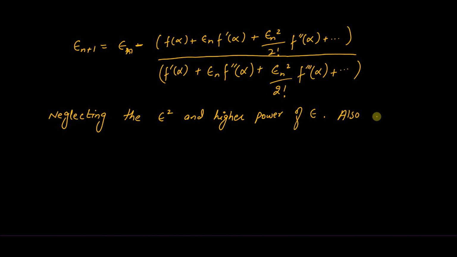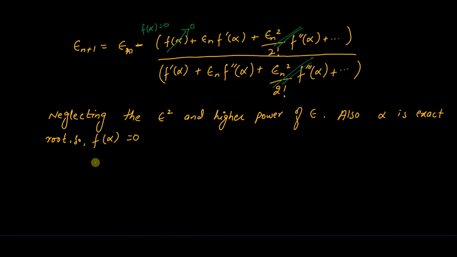Also, we know that alpha is our exact root, so we substitute f(alpha) = 0 into this equation. After simplification, the f(alpha) term reaches 0, and we ignore the epsilon_n squared parts.